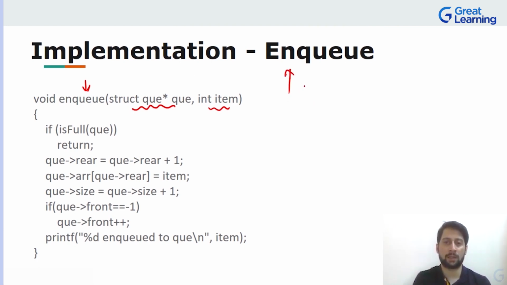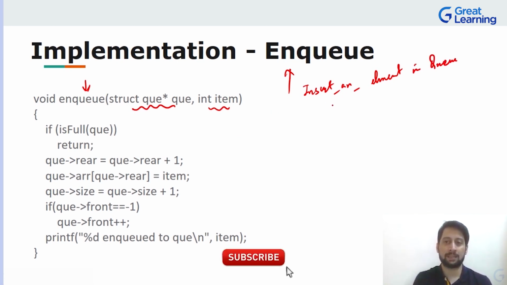It is nothing but inserting an element in the queue, and right now we are implementing it using arrays. That operation is known as enqueue, and we need to keep in mind that we perform this operation in a constant amount of time.